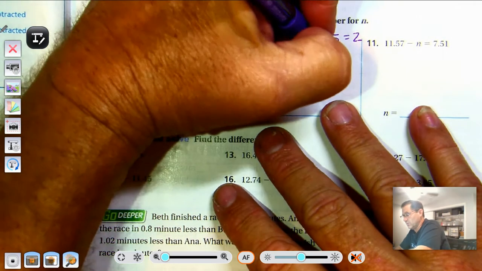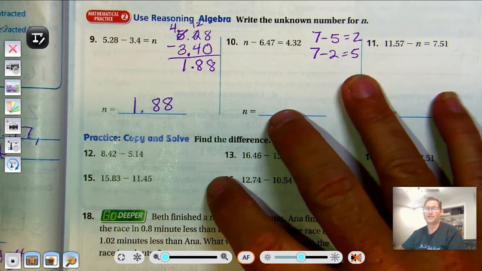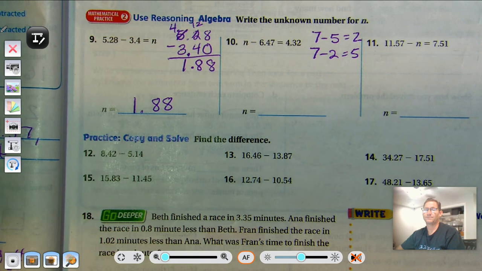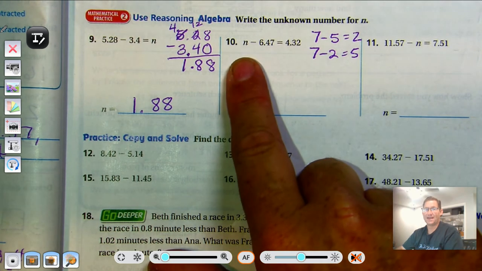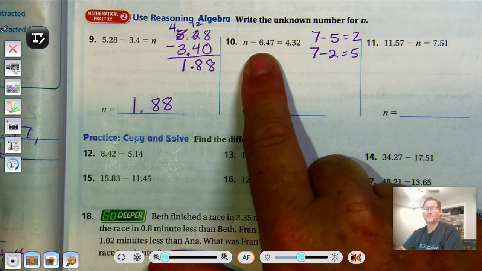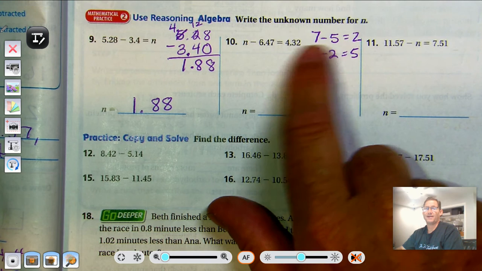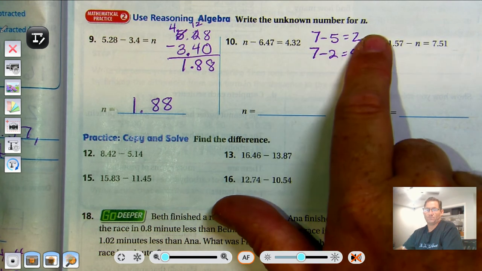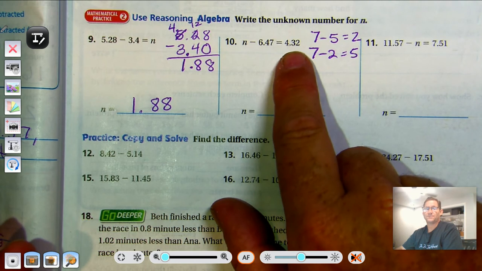Well, if that's true, then 7 take away 2 is 5. So here, the n is kind of like saying the 7. The 6 and 47 hundredths is kind of like the 5. And 4 and 32 hundredths is similar to the 2.